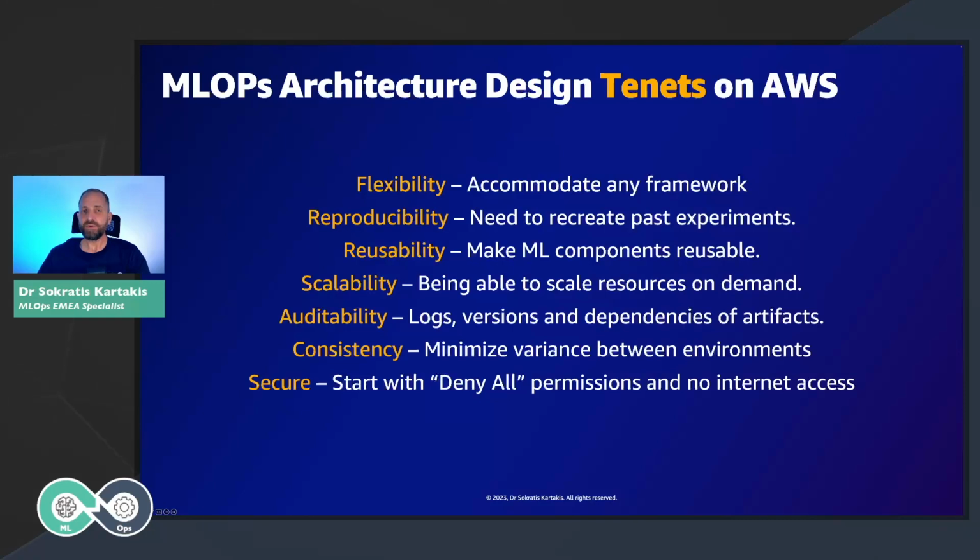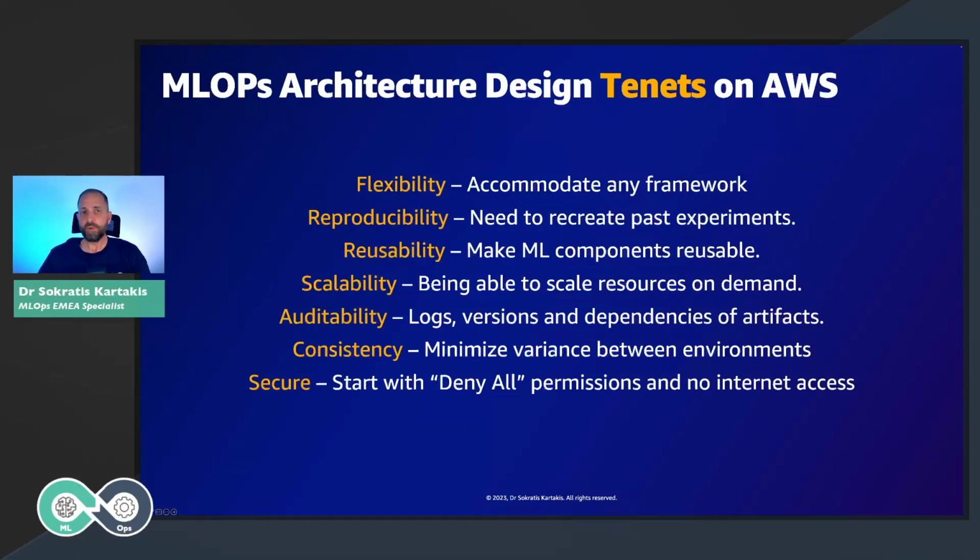The next is about consistency. As we already said, we work in a multi-account, multi-environment setup. That means that all the different environments need to be consistent in order to make sure that whatever we move to production is robust. And last is to be secure.